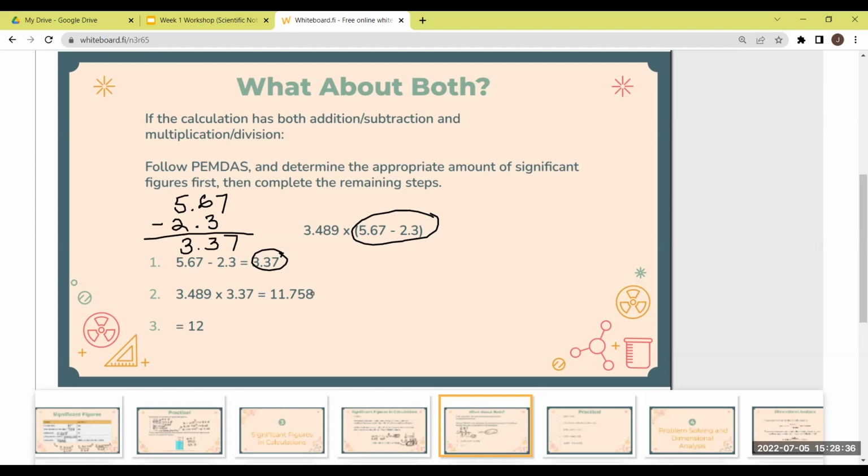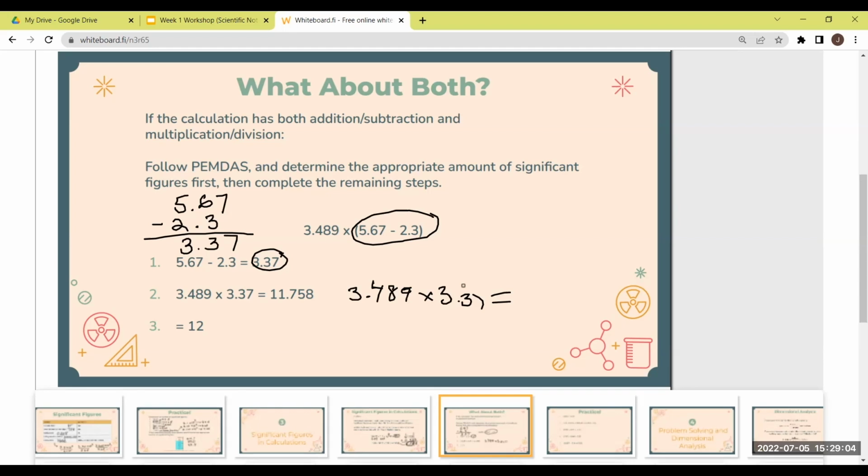And then the next part, we're going to do the multiplication part. So we're just going to do 3.489 times 3.37. Keep in mind that I have not rounded any intermediate calculations. You never want to do that because it's going to give you a very inaccurate answer.